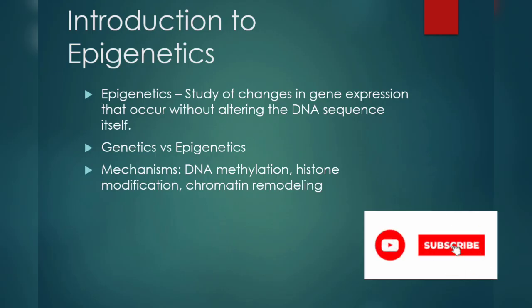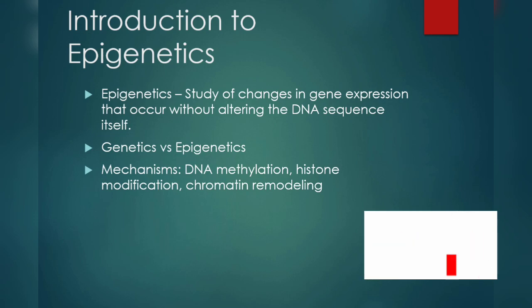What is epigenetics? Epigenetics is the study of the changes in gene expression that occur without altering the DNA sequence itself. डीएनए सीक्वेंस को चेंज किए बिना, ऑल्टर किए बिना, जीन एक्सप्रेशन में जो चेंजेस होते हैं, जीन एक्सप्रेशन के, उसकी जो हम स्टडी करते हैं, जीन कोई भी पर्टिकुलर जीन इस तरीके से एक्सप्रेस हो रहा है या उसके साथ फंक्शन कर रहा है, whatever we are studying without altering the DNA sequence itself, that study is known as epigenetics.